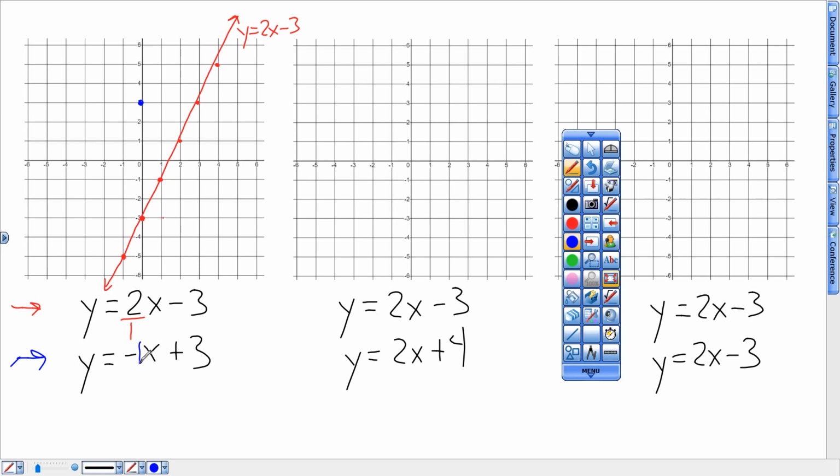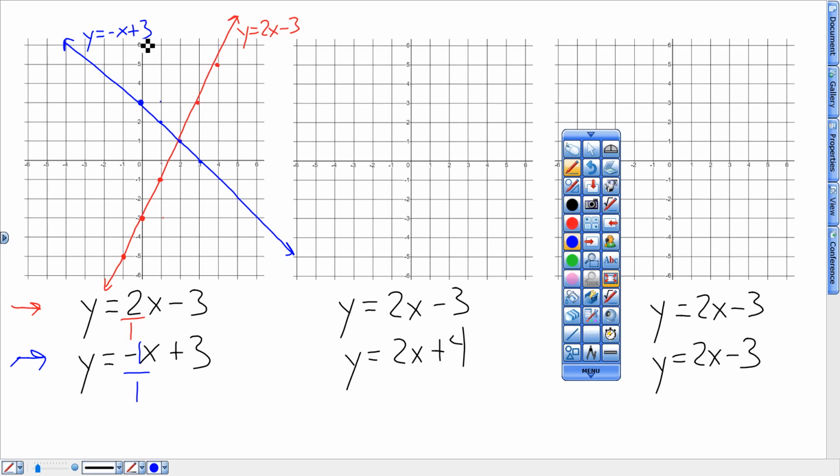Made into a fraction is -1 over 1, which means from that starting point, right 1, down 1. Right 1, down 1. Right 1, down 1. Draw your line. Label that line for me. That's y equals -x plus 3.